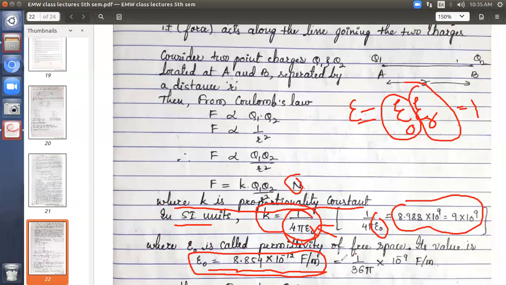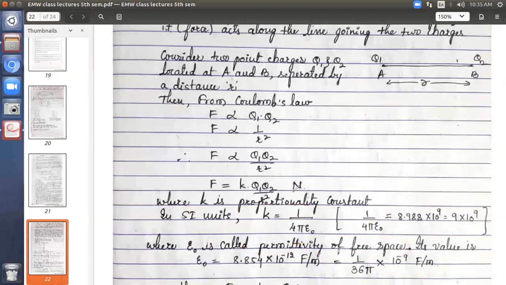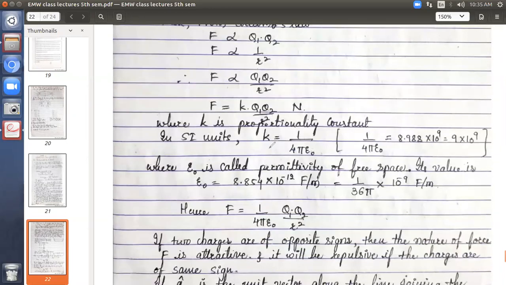Whatever answer you get, you write this. Okay, not this, actually this. So substitute this K value. F will be equal to 1 by 4 pi epsilon naught Q1 Q2 divided by r square.